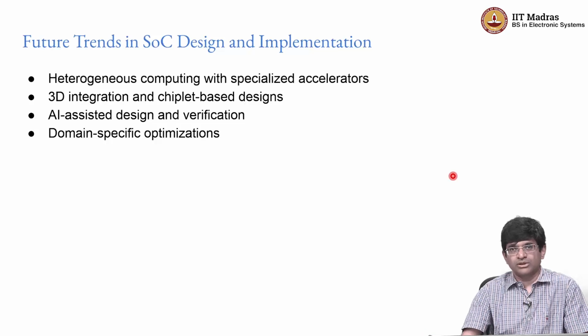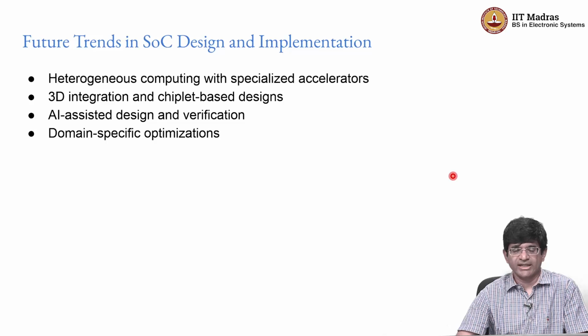So to summarize this entire discussion, there are a number of challenges as far as SoC design and implementation are concerned. There are also some interesting trends that appear as we look forward to the future.